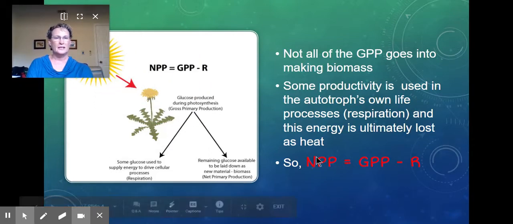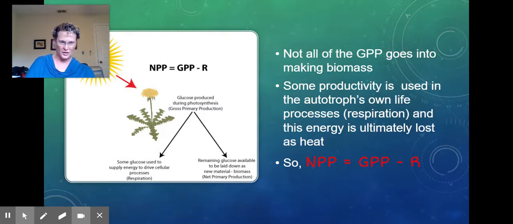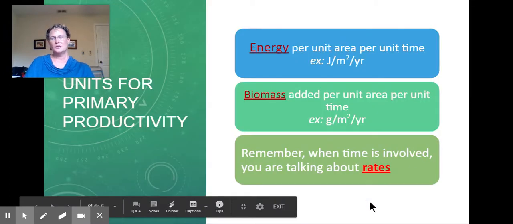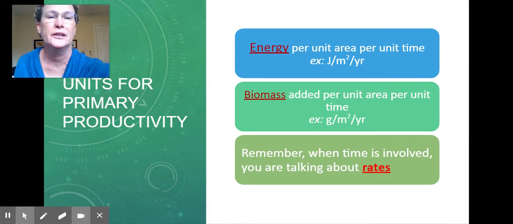Yay. All right, so net primary productivity equals gross primary productivity minus R, which is respiration. The units for primary productivity, if you're talking about energy, are joules per meter squared per year.